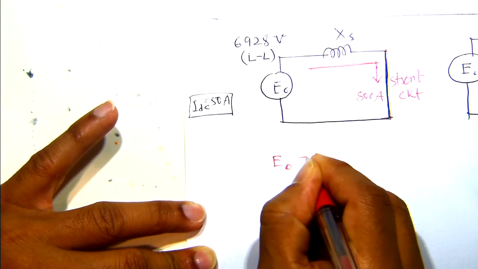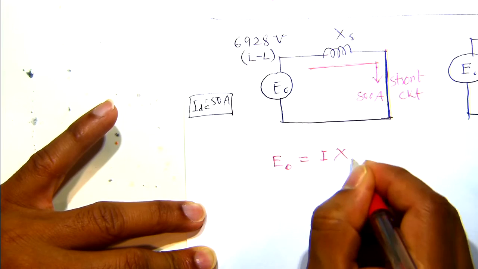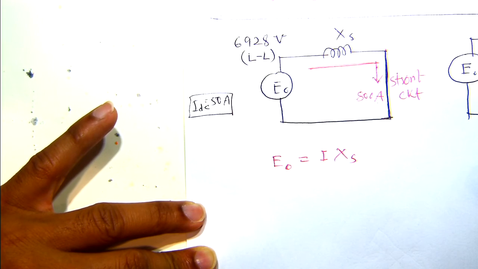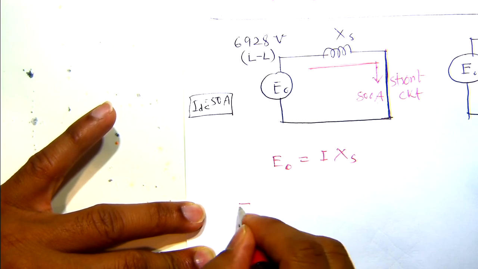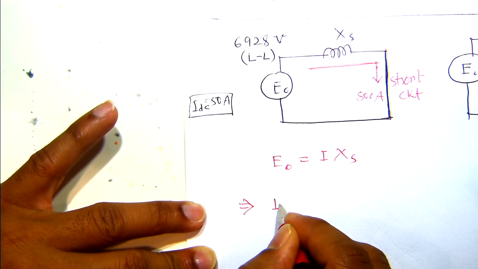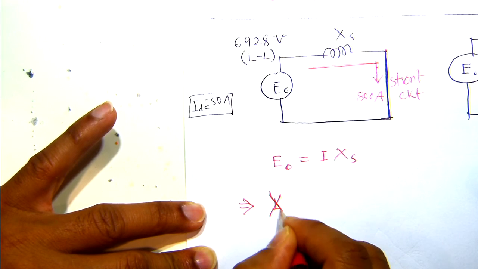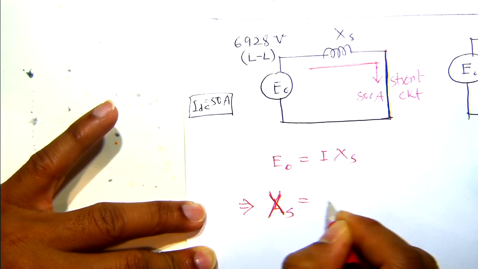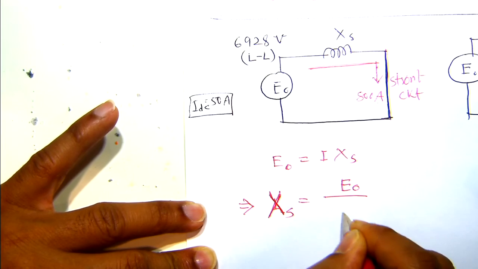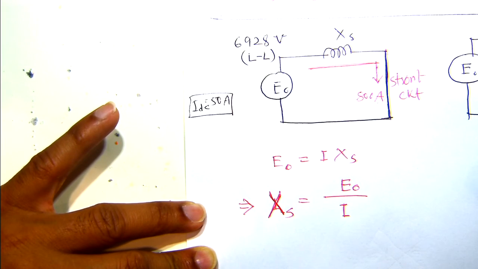Your E0 is straight away your I multiplied by XS. So your I is already given. So you have to determine your XS, that is E naught over I. Am I right?